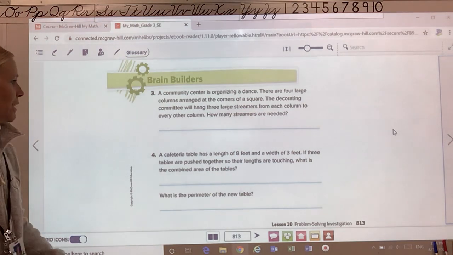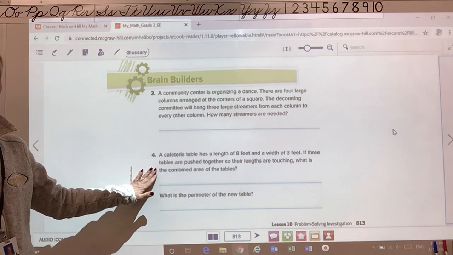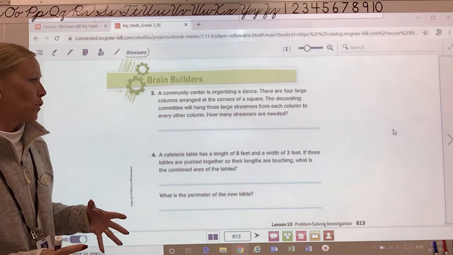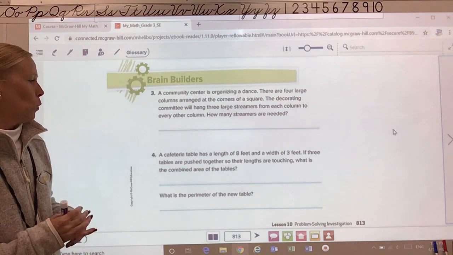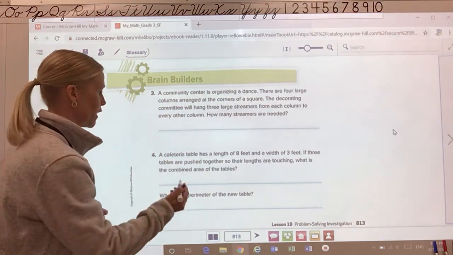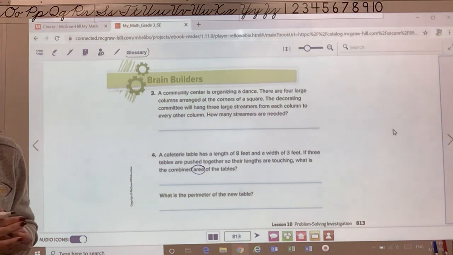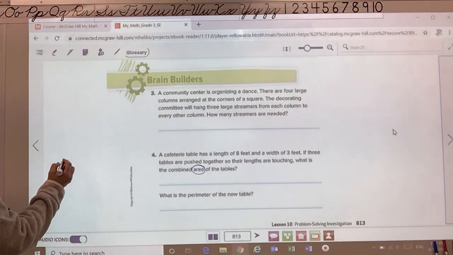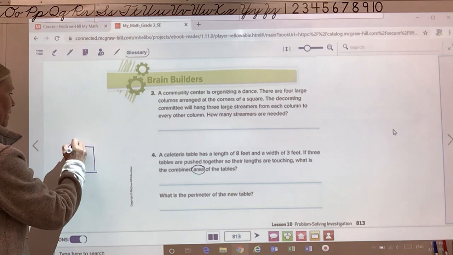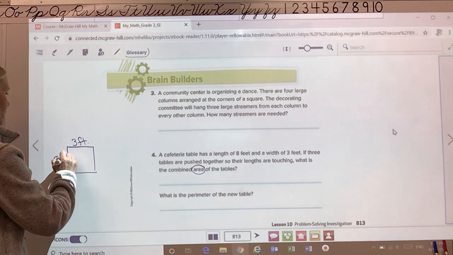Number 4 says, a cafeteria table has a length of 8 feet and a width of 3 feet. If 3 tables are pushed together so their lengths are touching, what is the combined area of the tables? So we're looking for area on this first part. So let's see, we have these tables and we're going to push them together. And we know we have 3 feet and 8 feet.